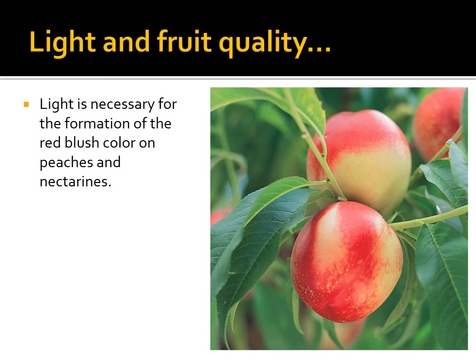Light is necessary for the formation of that red blush color that you see on peaches and nectarines. So if the center of the plant is open, then the fruit, if you're growing peaches and nectarines, for example, is going to receive enough light so they develop this red blush color, which is going to help improve the quality of the fruit.